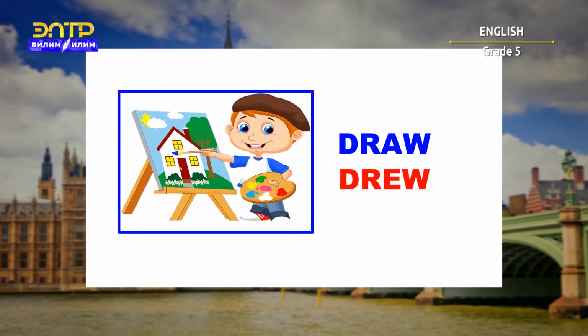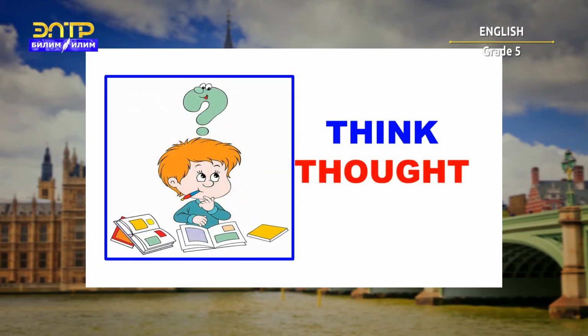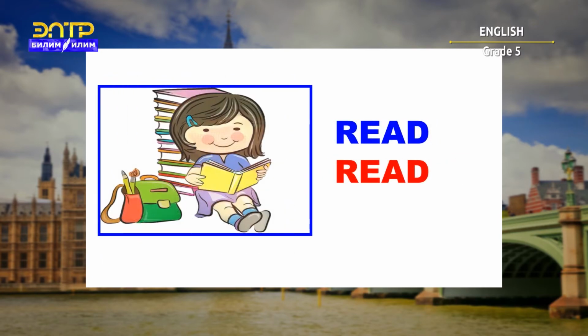Draw. In the past, use the form drew. Think, thought. Read, read. We write it in the same way, but we pronounce it in a different way.